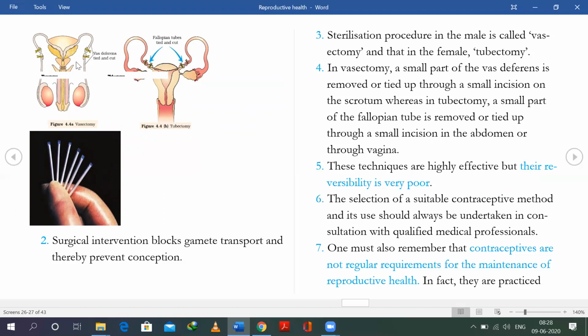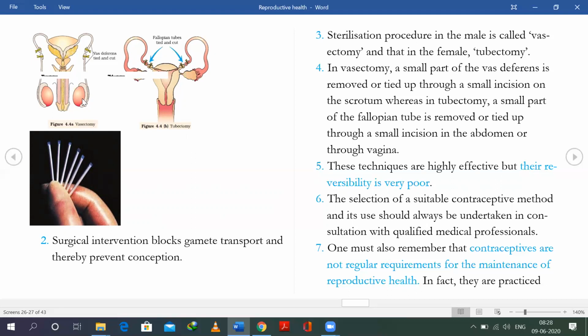So in both cases, only the gamete transport is stopped. No sexual organ is affected. We are not damaging the ovaries here, nor the testis. That means the ovaries and the testis will function normally. They release their own hormones.